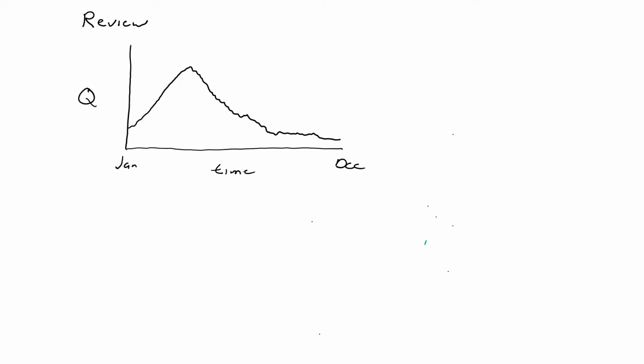Now, a way to think about this is that this period right here, once the water levels start rising during the spring melt, this is a time where we are recharging our aquifer. Because remember, during this last part of the year, as the stream flows tail off, this is our base flow recession.